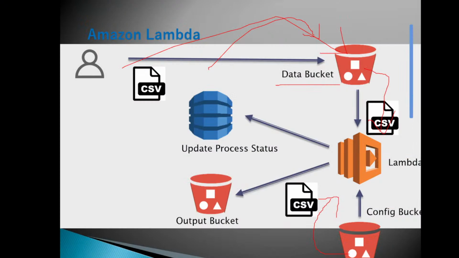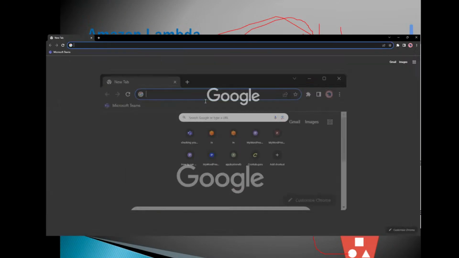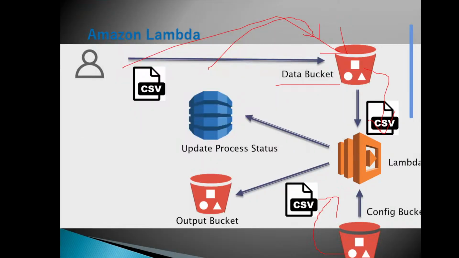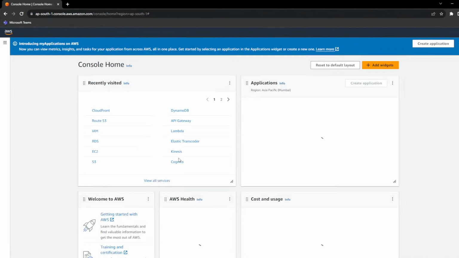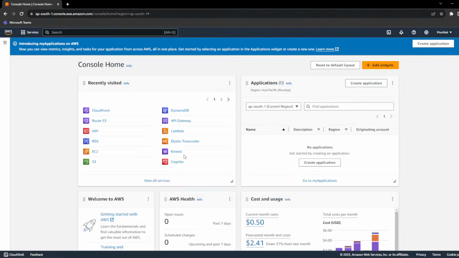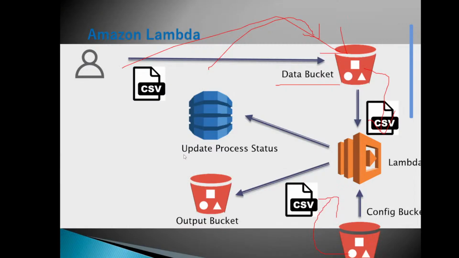Okay, this is file processing in Lambda. So let's go to the console. Now again, which component are we going to create first? We are going to create the components which are the front end.